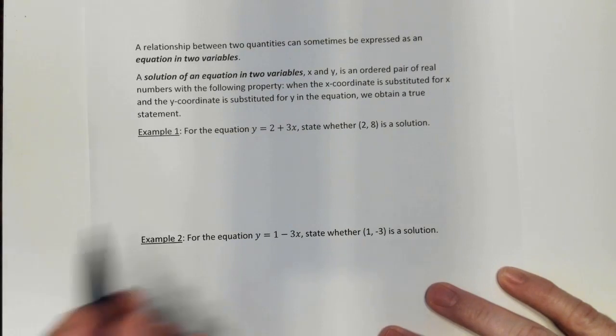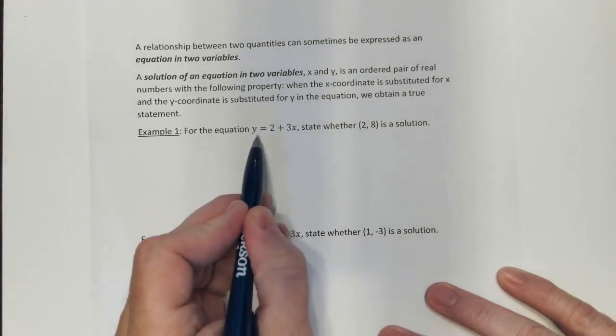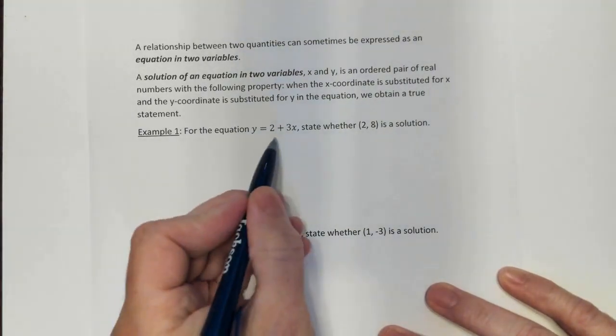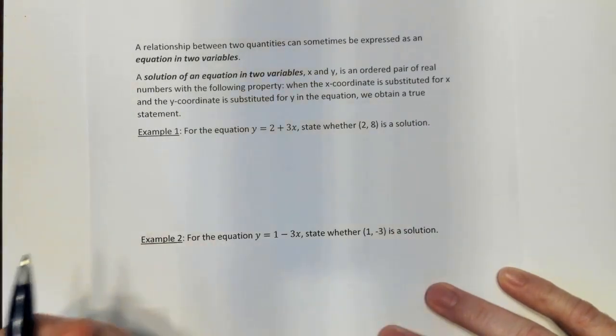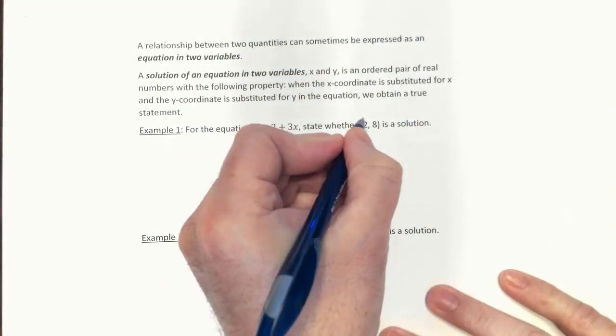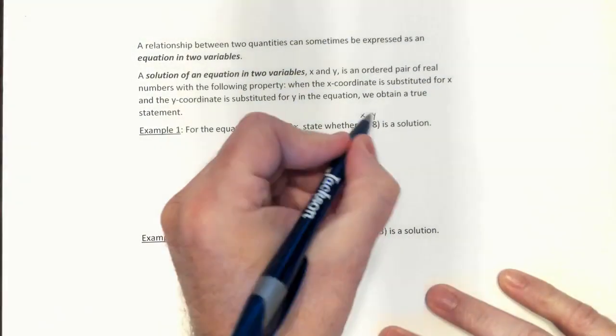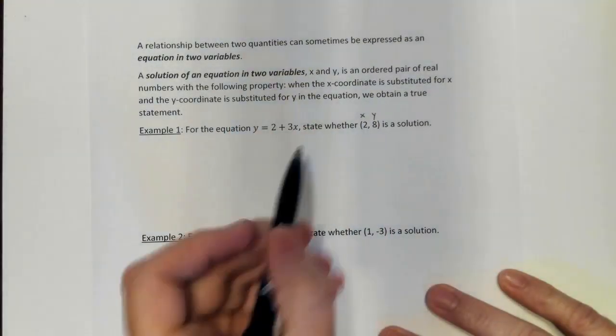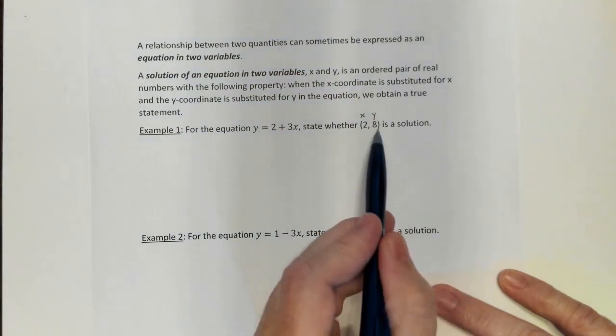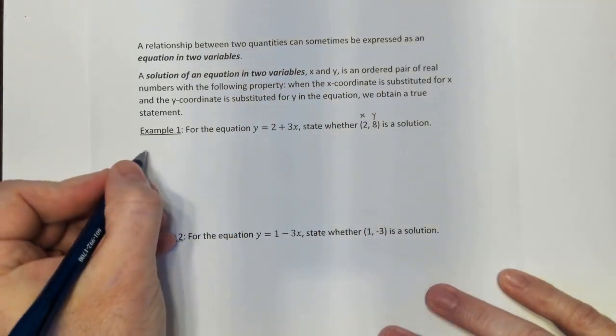So for the first example, we have this equation, this line, y = 2 + 3x, and we want to state whether (2, 8) is a solution. So what that means is I'm going to substitute x = 2 in for x, and then 8 in for y.